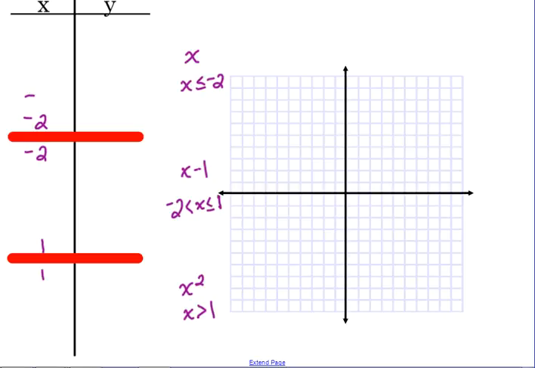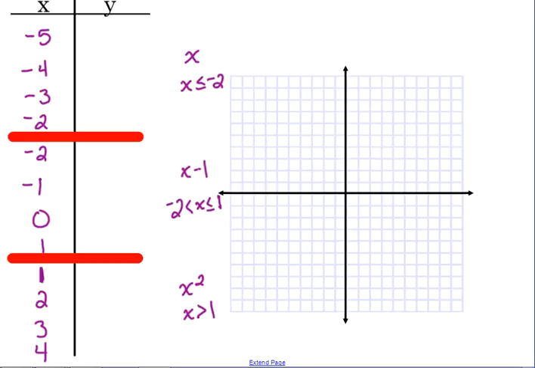All right, so negative 3, negative 4, negative 5, negative 1. That doesn't have to be that close. Negative 1, 0, 1, 2, 3, 4. Usually about 2 or 3 points will be sufficient.